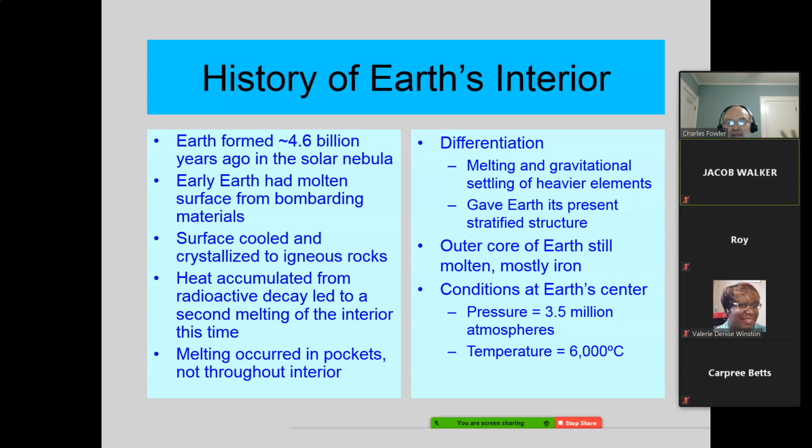Now, we think the Earth was formed about 4.6 billion years ago when we were part of that solar nebula. The Sun, remember, came into being about 5 billion years ago.